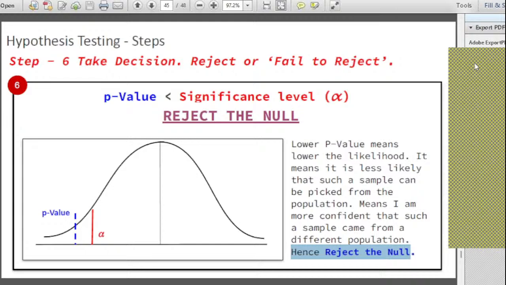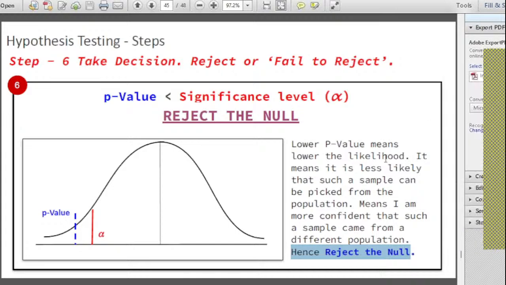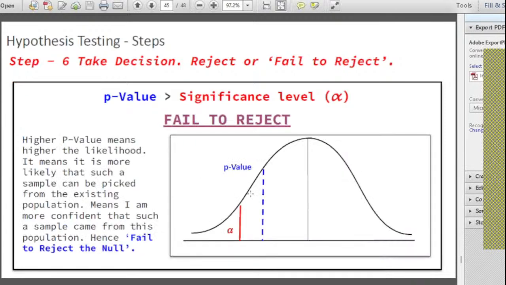Okay, Idris says if p-value is equal to significance level, what do we do? Then it's a business case to decide. Then it's up to business to decide. Okay, then business has to take a decision whether they are ready to accept that. And otherwise, higher p-value means higher the likelihood of the risk, right?